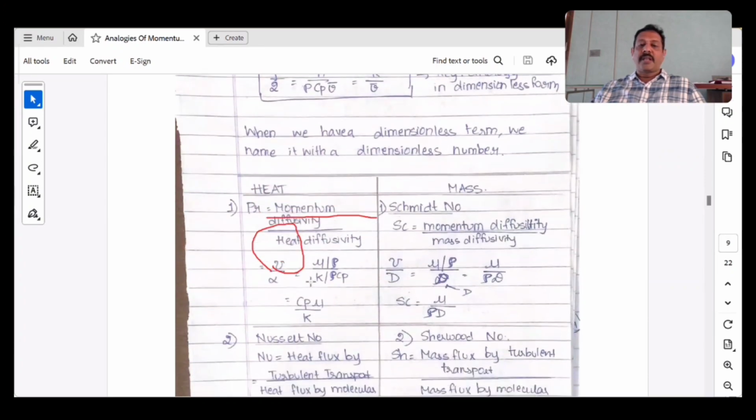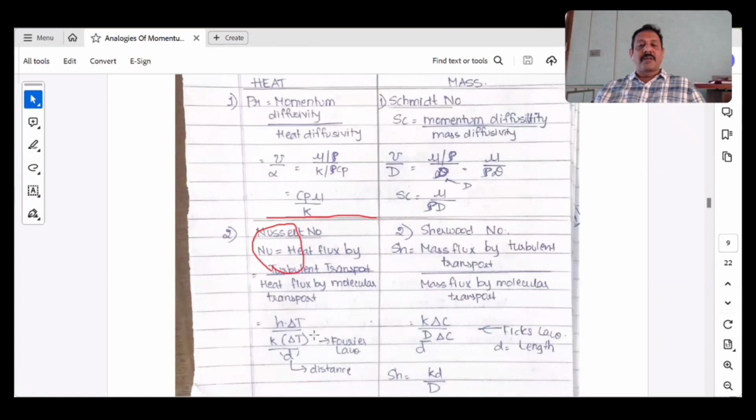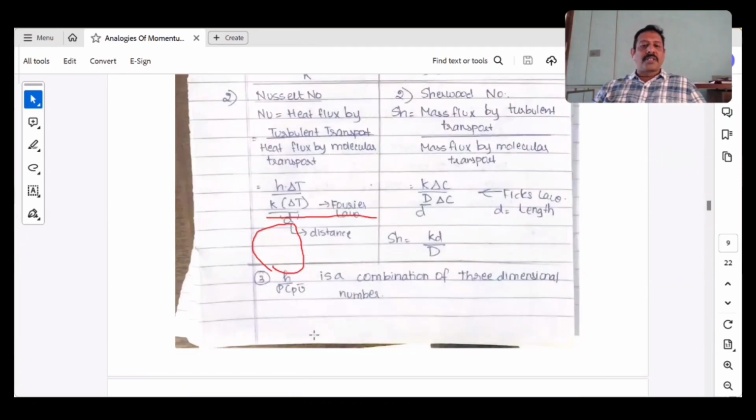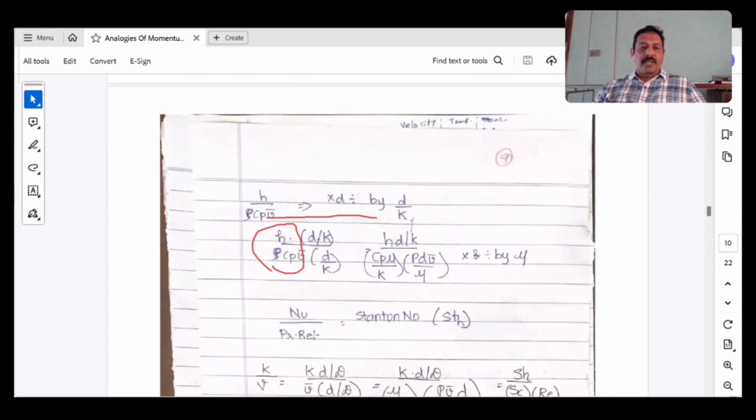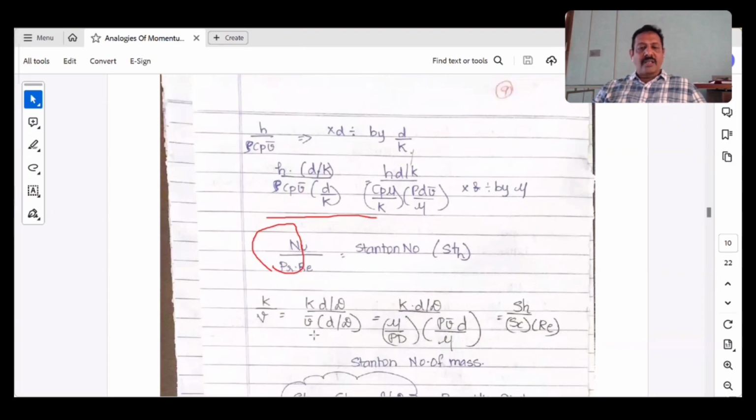In heat transfer, Prandtl number and Nusselt number. In mass transfer, Schmidt number and Sherwood number. Just as we define them in heat transfer, in mass transfer there is the Schmidt number, and just like Nusselt number, the Sherwood number. And it is a combination of three dimensionless numbers. h by Cp rho v is nothing but the Stanton number for heat, and K by v is the Stanton number for mass.